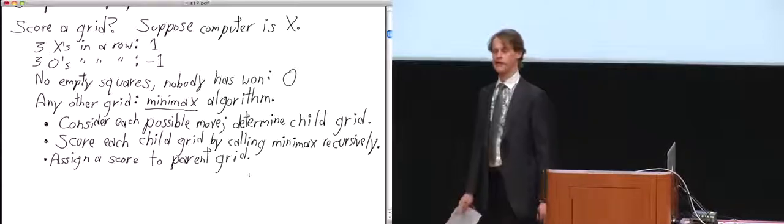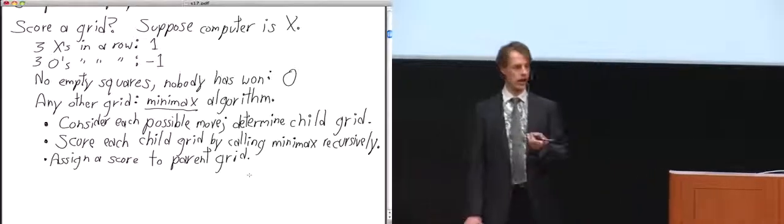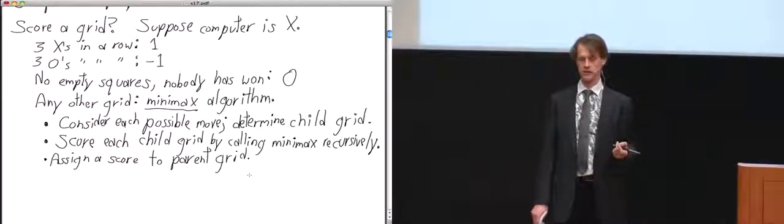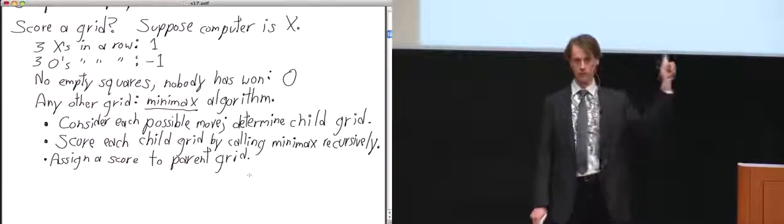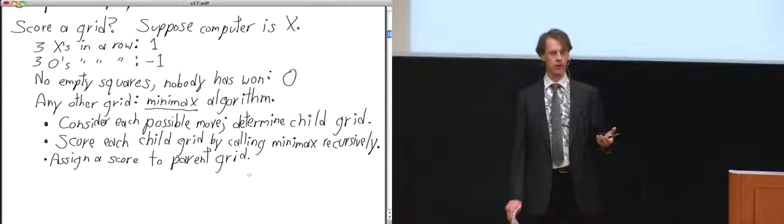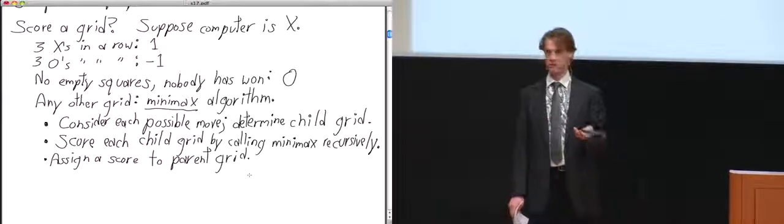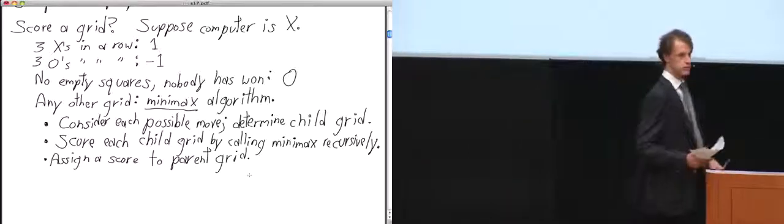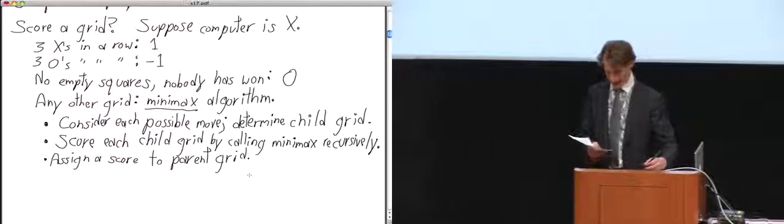So what do I mean by the best child? Well, which child is the best child depends on whether it's your turn or your opponent's turn. If it's your turn, you want the highest score possible, because a 1 means you win and a -1 means you lose. So you pick the child grid with the highest score.